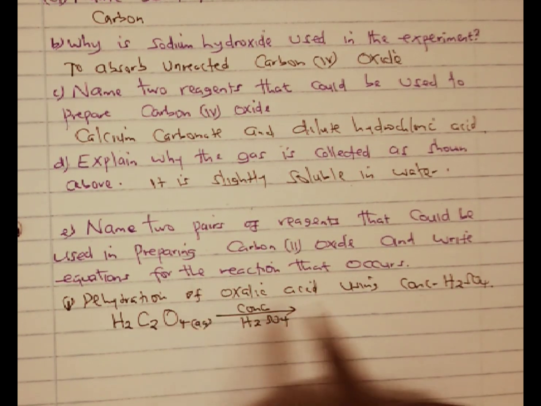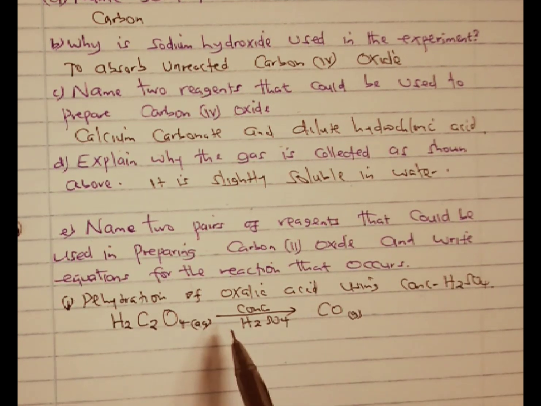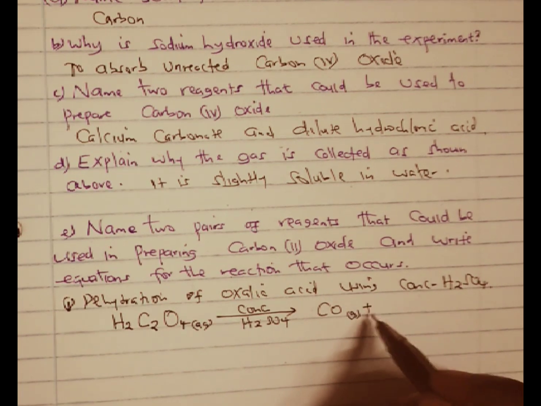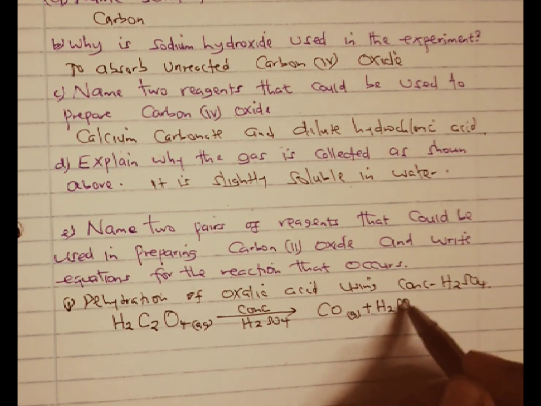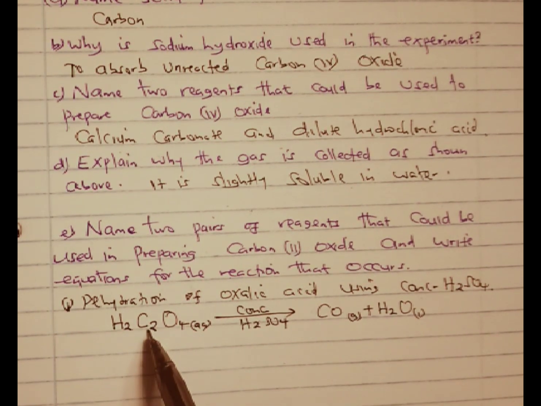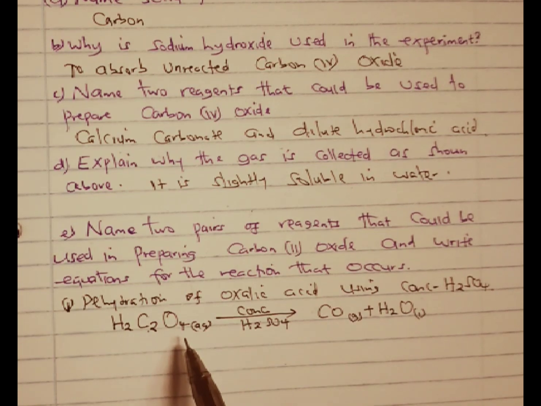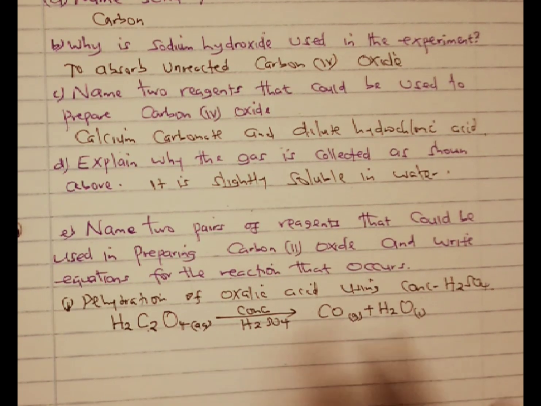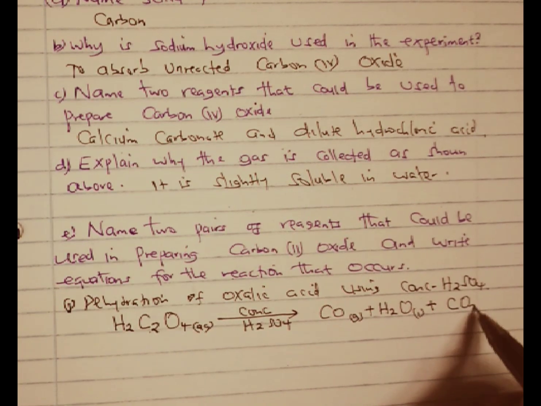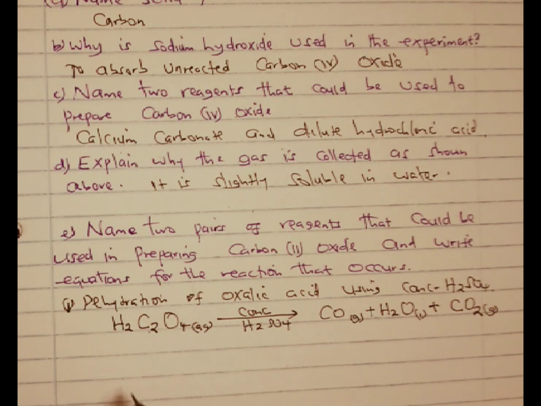Remember, we are preparing carbon 2 oxide gas, and concentrated sulfuric acid removes water elements from oxalic acid. Remember, one carbon is gone, so we have one carbon extra. We have already taken out 2 oxygen atoms, and therefore what is remaining here is 1 carbon atom and 2 oxygen atoms, which gives us carbon 4 oxide.